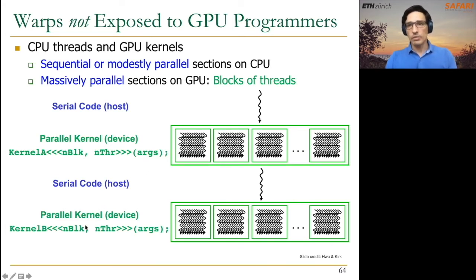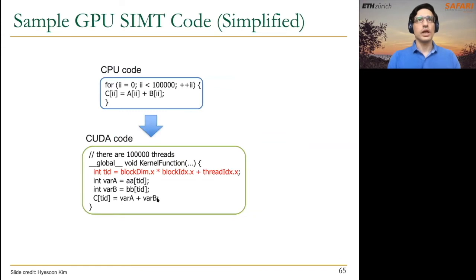Very, very quickly, even though this is not the main topic of this particular lecture, we want to take a very quick look at how we need to write code. In particular, this is CUDA code for NVIDIA GPUs to express in SPMD manner, in a multi-threaded manner, this sequential code for vector addition. So notice that this is the definition of the kernel. The kernel name is kernel function.